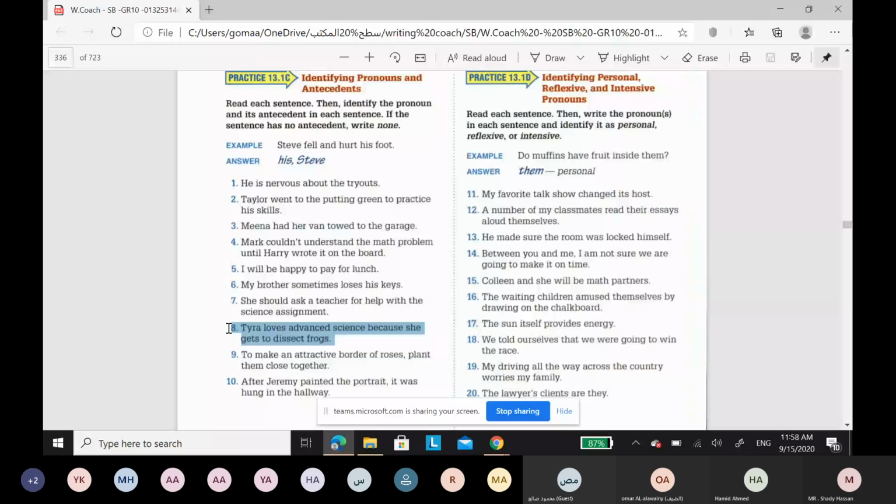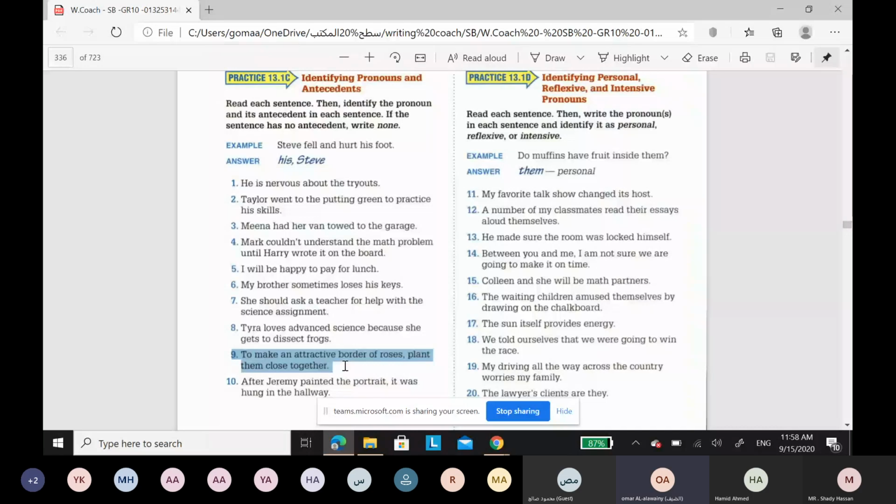Sarah. Yes, thank you. To make an attractive border of roses, plant them close together. Them. Yes, and them refers to what, which is the antecedent? Plant what?